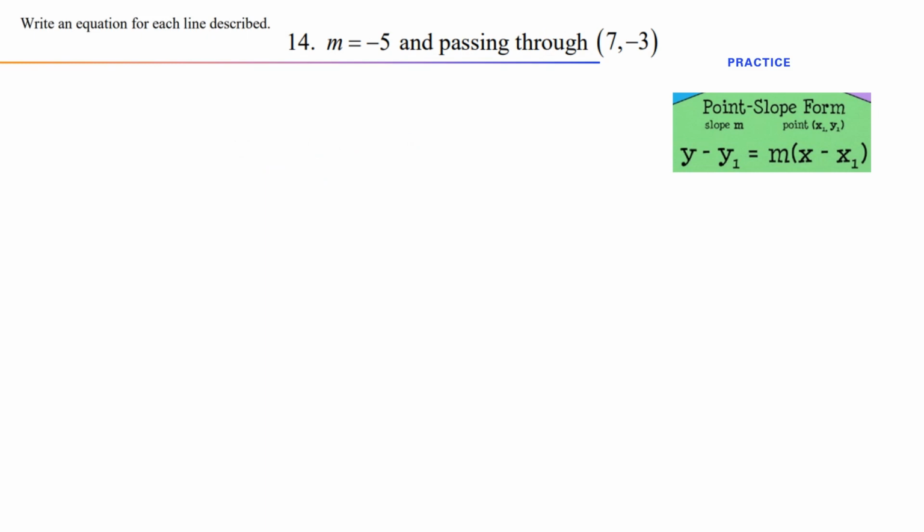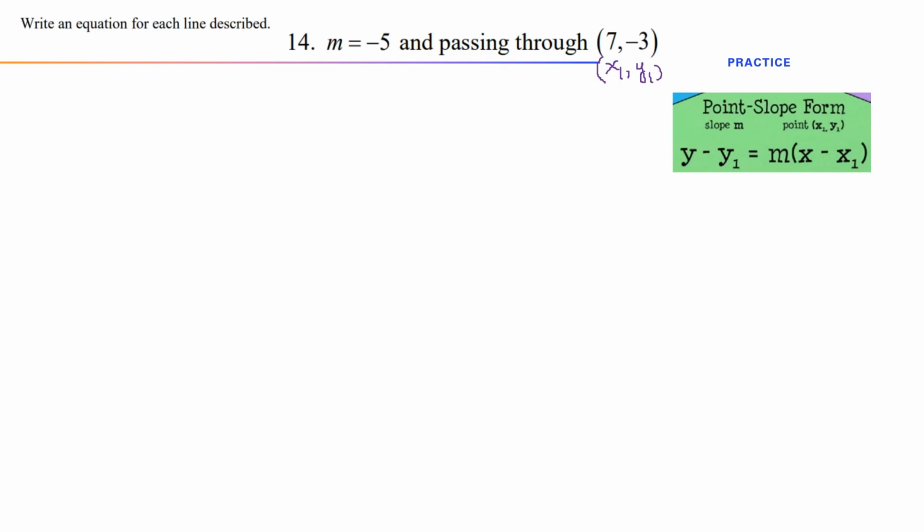Now we go to the point-slope form. It means the given information will be a slope m and a point. It's not necessary for it to be an intercept; it can be any point that lies on the line. So how do we do that? For this point, this is our x1, comma, this is our y1, that's the output.